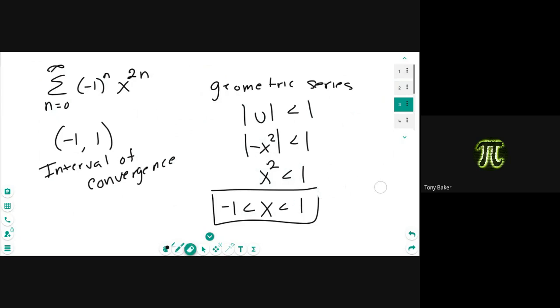It's one of those weird things when you take the square root of a number and you have an inequality, it ends up being the intersection of them, not outwards. Does that make sense or no?